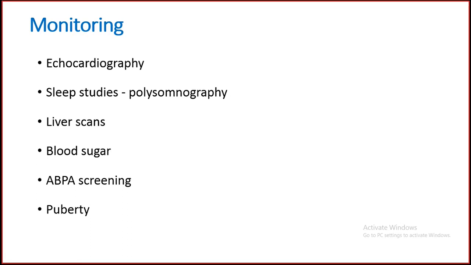One thing is echocardiography, to identify development of pulmonary hypertension. Sleep studies: the ideal method is full polysomnography, or at least some sort of oximetry to identify early hypoxia, because providing oxygen is one of the most important interventions to delay the progression of pulmonary hypertension.